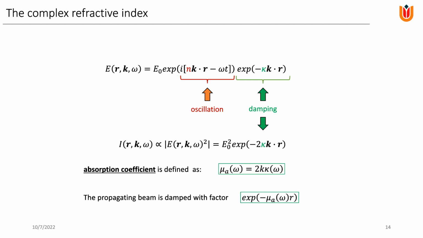So the propagated light beam is damped with this Beer exponential, minus 2 times kappa k. This follows immediately from the definition of the refractive index as a complex quantity, that the imaginary part is related to the absorption coefficient.